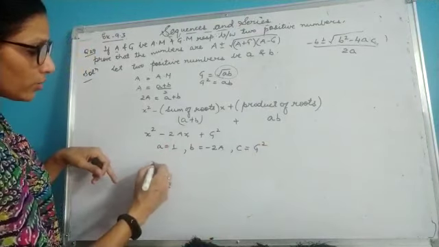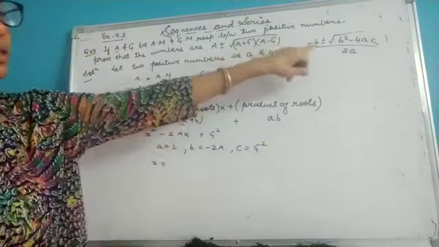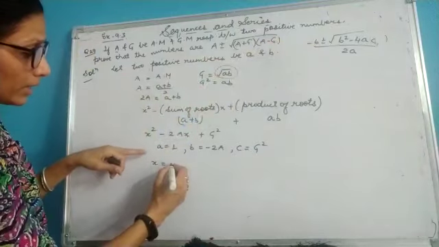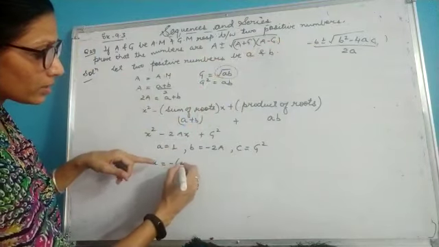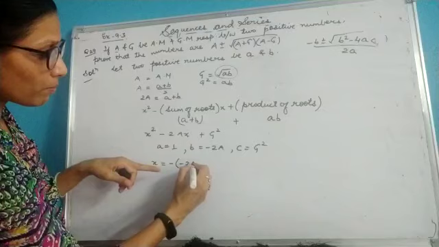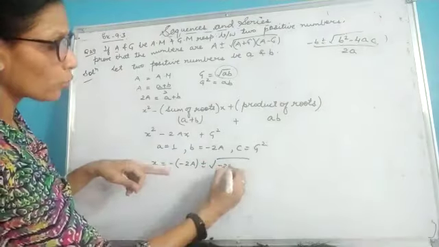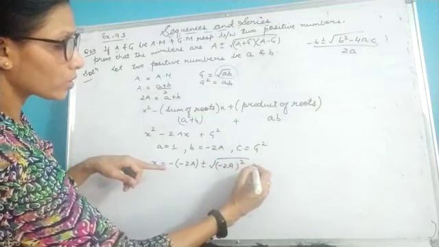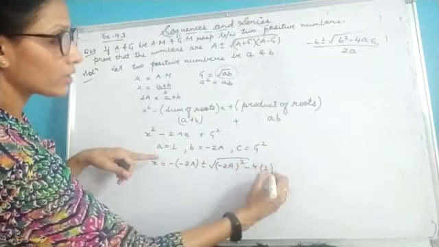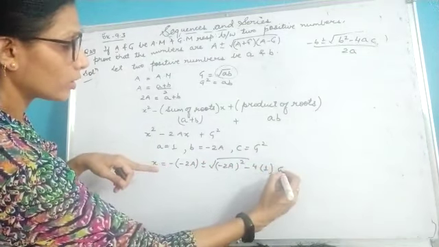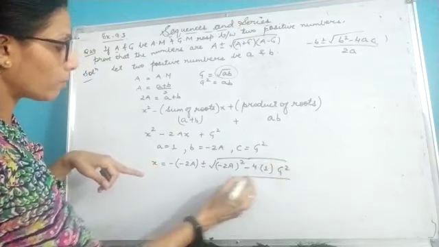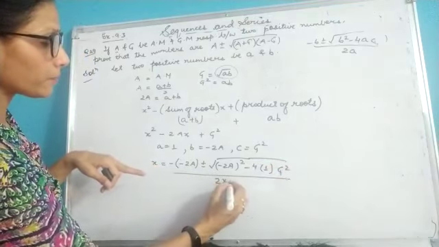So let's find out roots by this formula, which is minus b plus minus under root b square minus 4ac, and c is your g square, whole upon 2a.